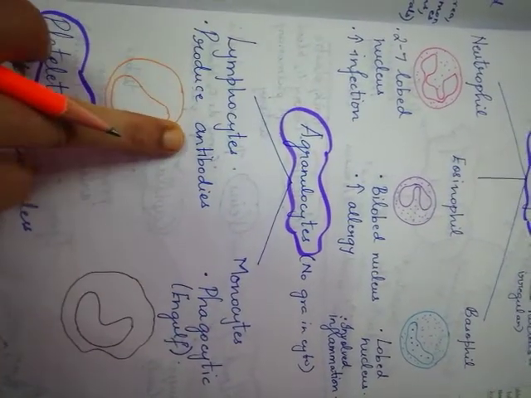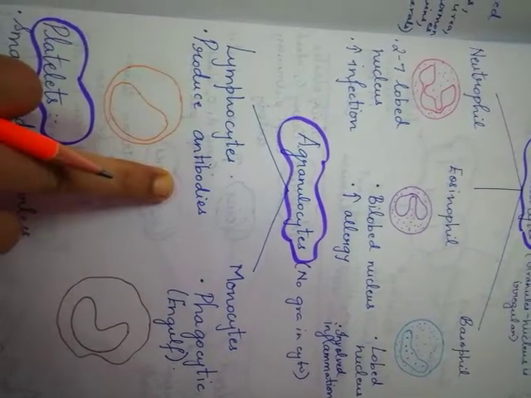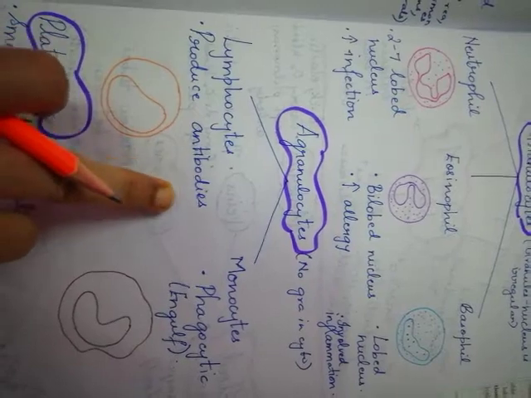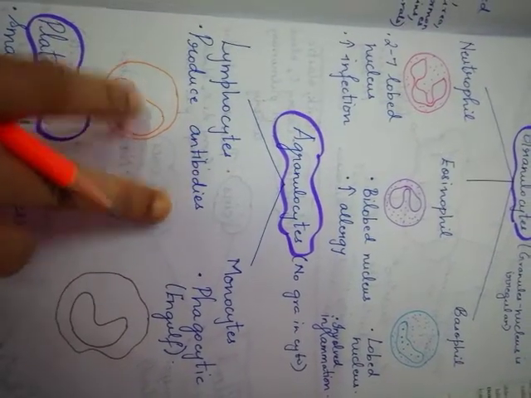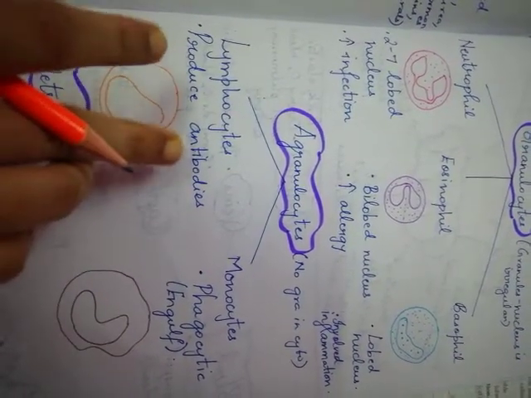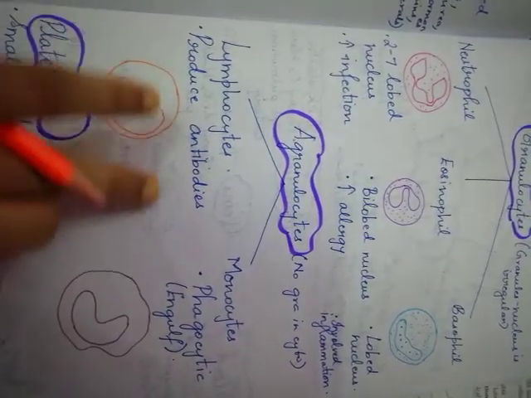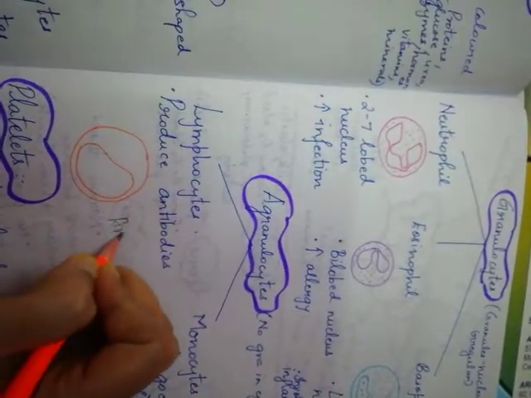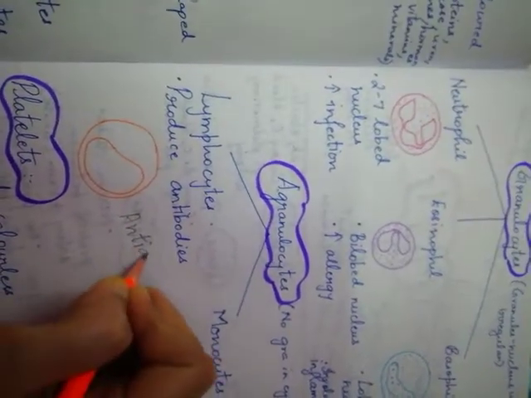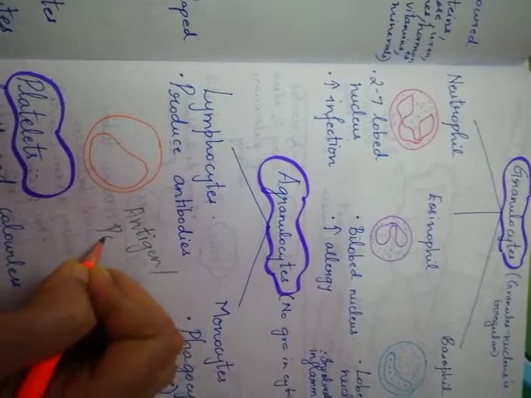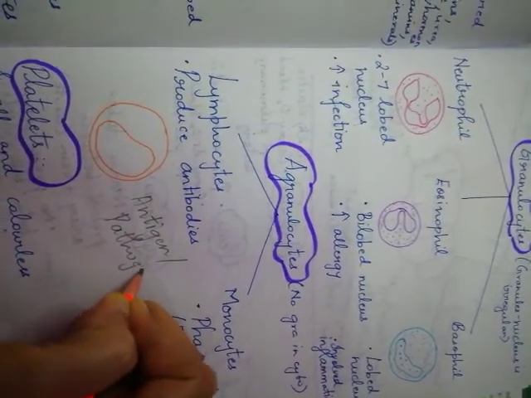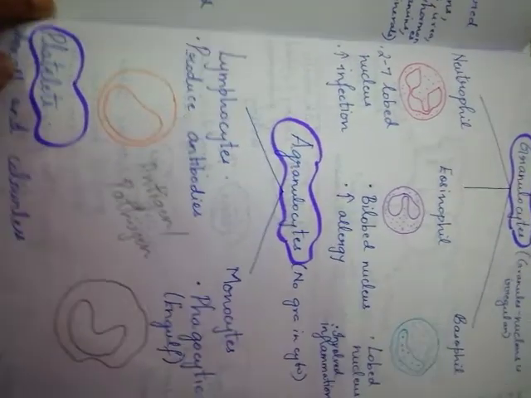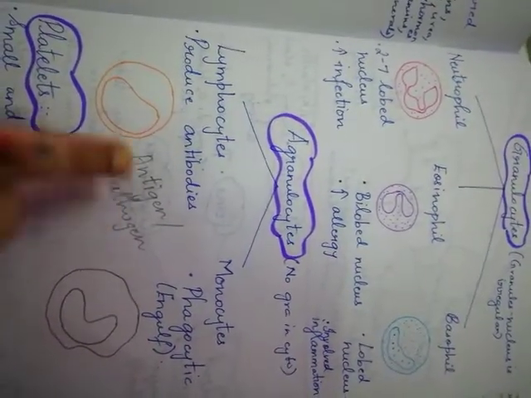So the function of lymphocytes is they produce antibodies. Now when are these antibodies produced? When some pathogen like virus or bacteria has entered, that pathogen is otherwise called antigen. Okay. When some antigen or pathogen, just take any virus, has entered into your body, what happens?